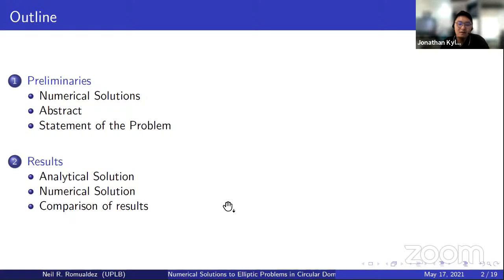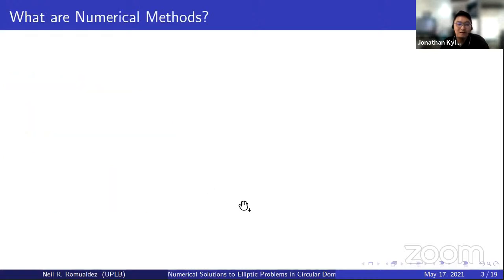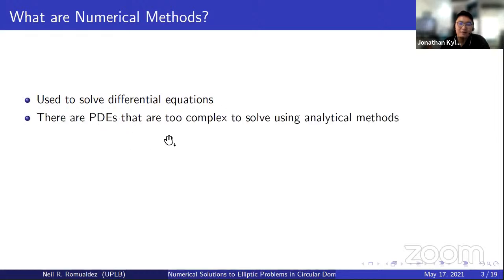So first off, what are numerical methods? Numerical methods, one use of them is to solve differential equations. And compared to the ones we know in calculus classes, which are the analytical methods, numerical methods are used when the differential equations, more specifically PDEs, become too complex.